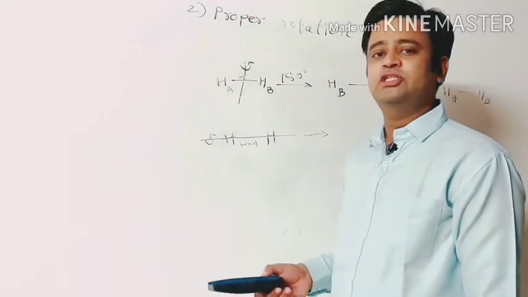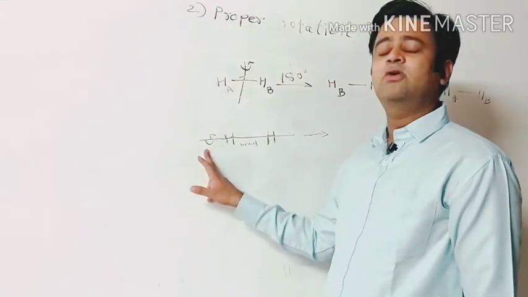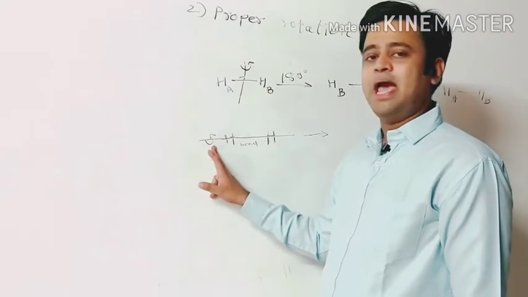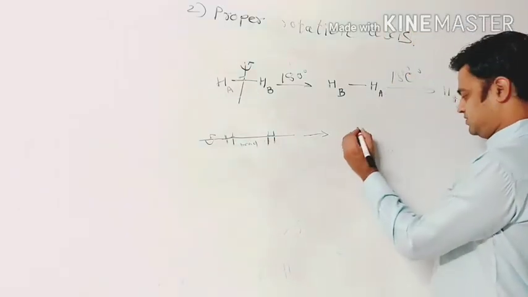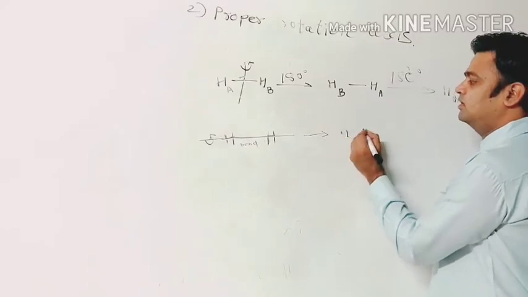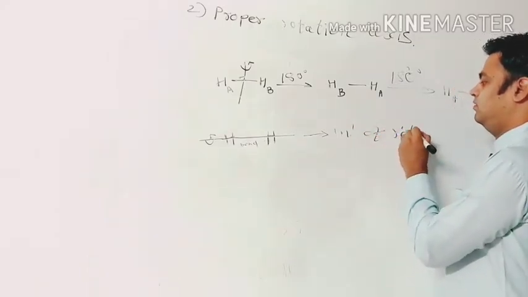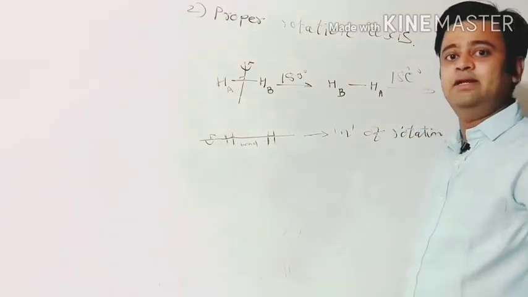But in case of H2, since both are same, with the axis of rotation parallel to the bond, you get number of rotations n times.